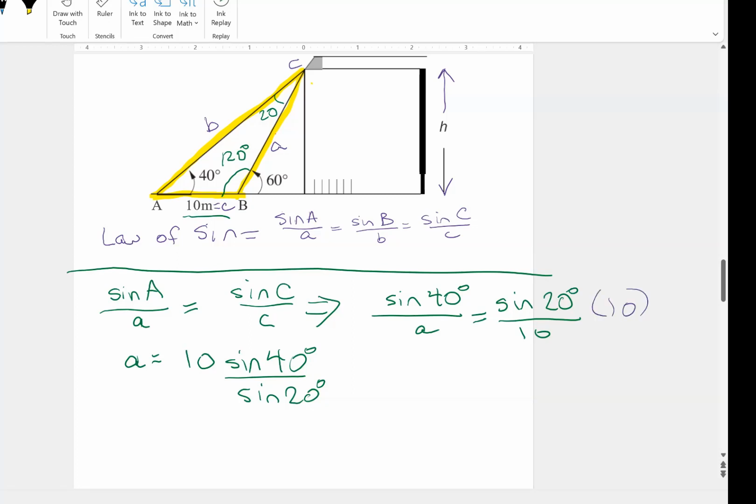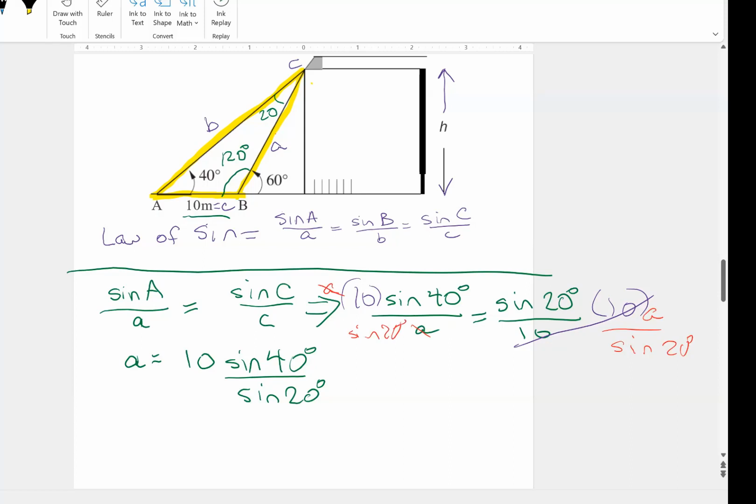I multiply both sides by 10. That cancels that. I multiply both sides by A. That cancels that. And then I divide both sides by the sine of 20 degrees. Okay.